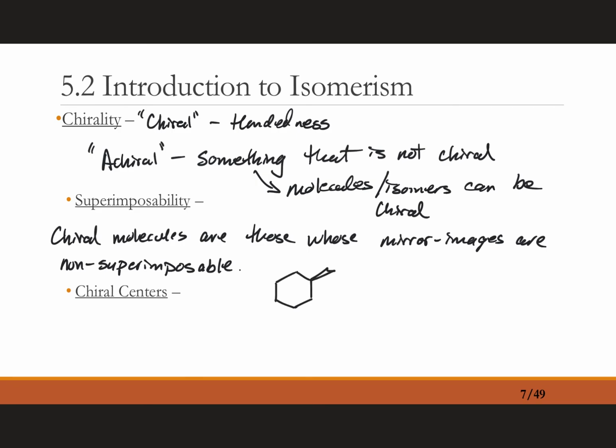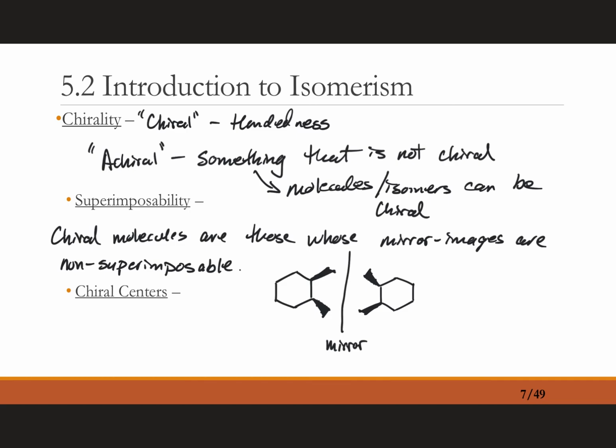If we have this chemical here, which will be 1,2-dimethylcyclohexane, and I make a mirror image of it, you'll see, let me rotate it around, that these two molecules are mirror images of each other.